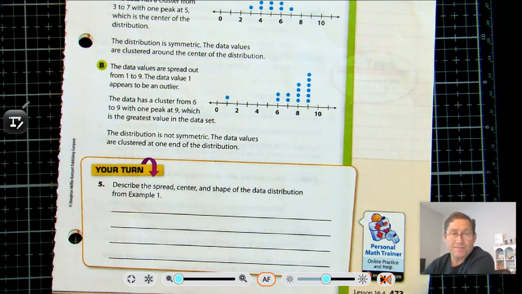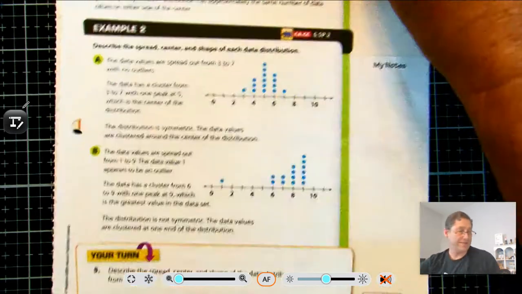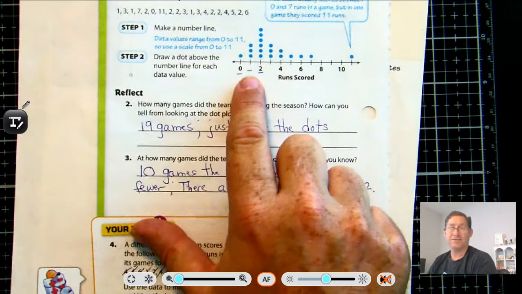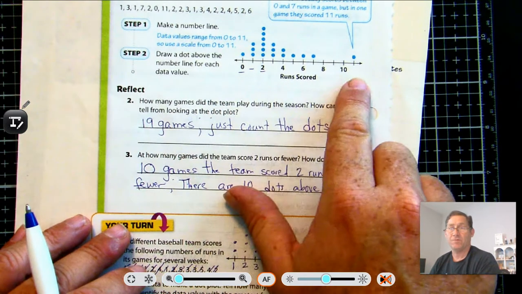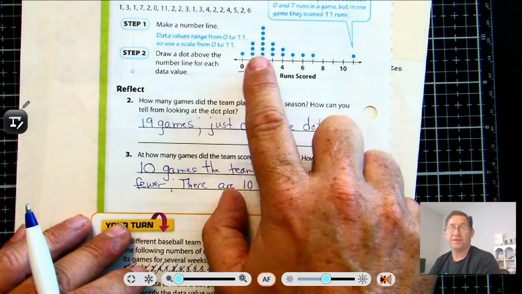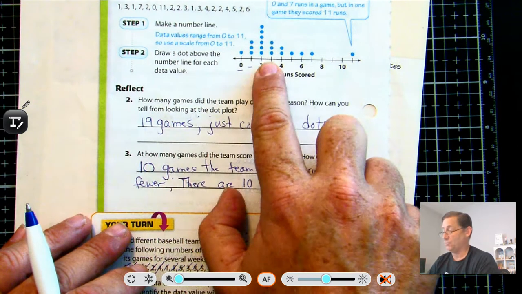All right, so 5. Describe the spread, center, and shape of the data distribution from example 1. So let's go back to example 1. Okay, and so we had this right here, and we have an outlier over here, right, with 11 runs. So we have a cluster from basically 0 to 7, and its peak at 2.